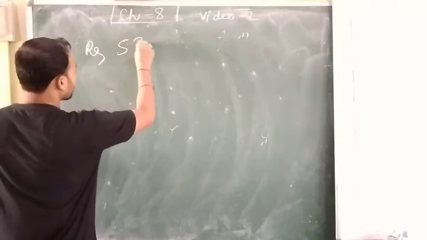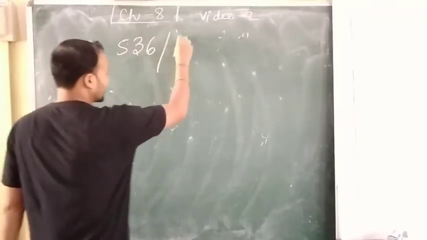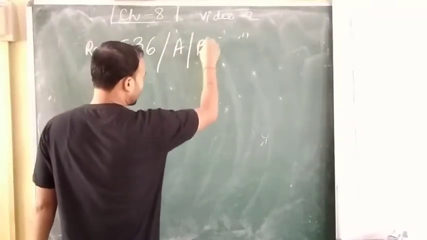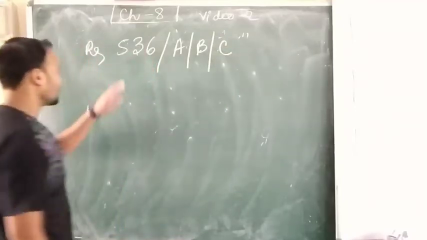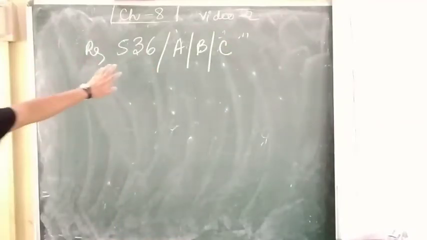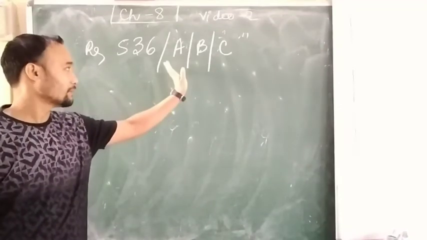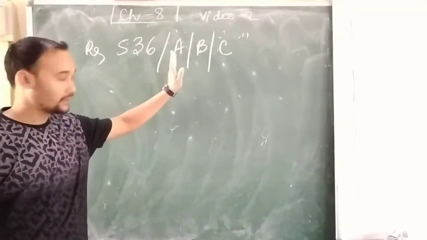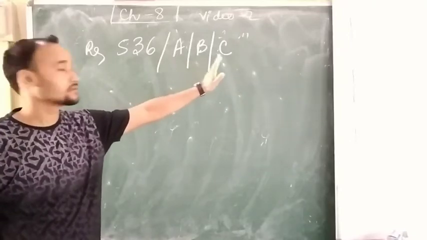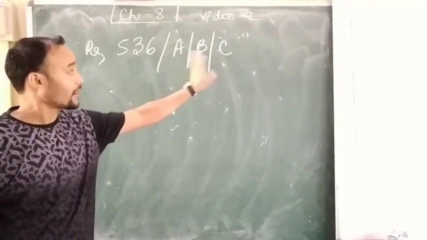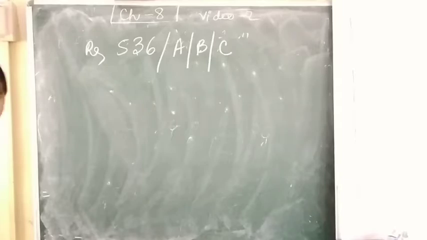Fine. Now, question number, yes, you have to divide rupees how much? 536 between A, B, C. There are three portions, A, B, C. I have to divide 536 rupees among A, B, C, but not equally. This one will get one part, this will also get one part, and this will also get one part, and those parts are given as a ratio.